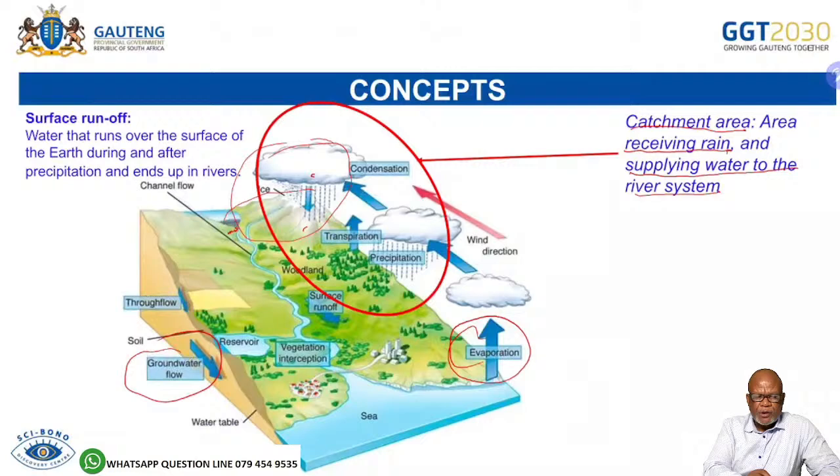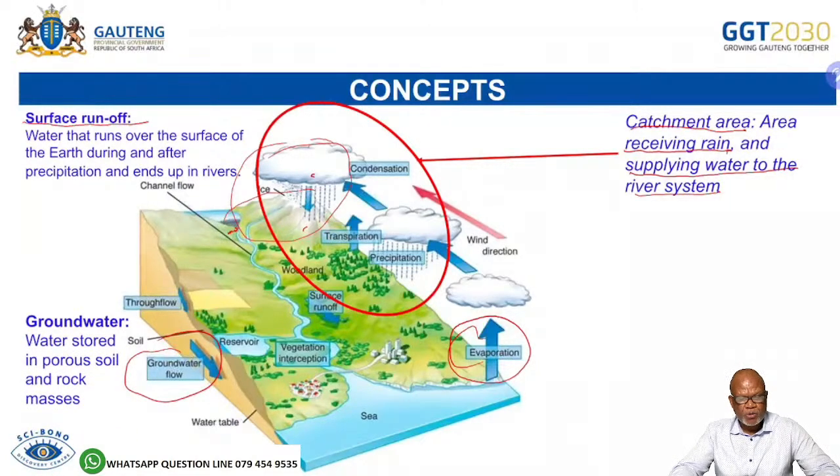Now this is our continuation of surface runoff. Remember we said our surface runoff takes place in two ways: sheet flow, and also channel flow. You must be able to differentiate between the two concepts.